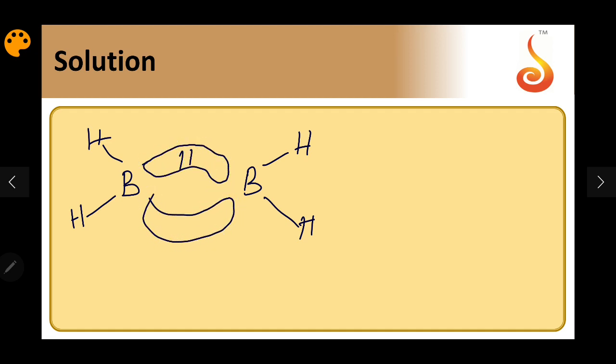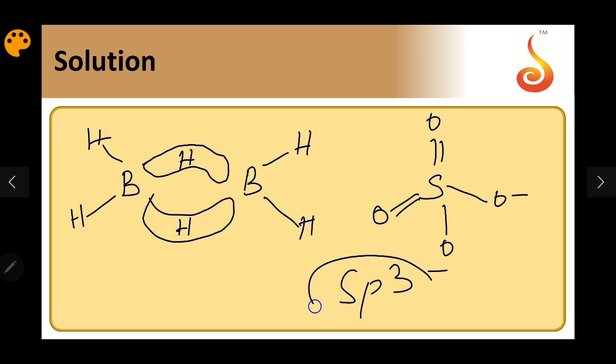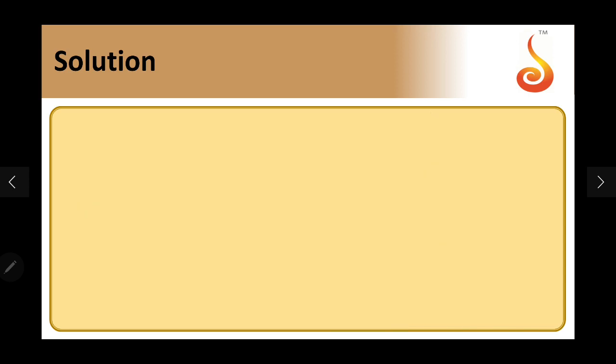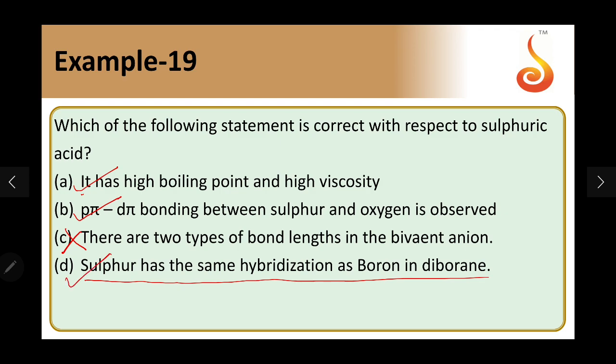So boron is practically bonded to 4 hydrogen atoms, so it is like sp3 hybridization. Sulfur in the sulfate ion is also tetrahedral in structure, and this is also sp3 hybridized. So both have sp3 hybridization. So it is also a correct statement. So the answer should be A, B and D.